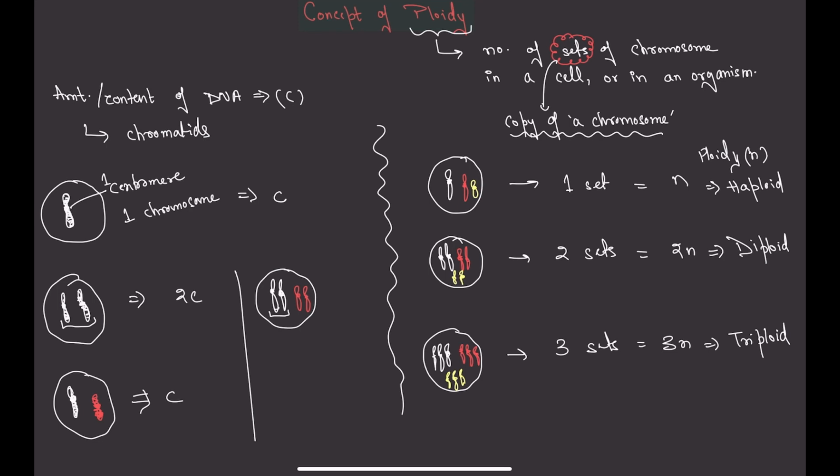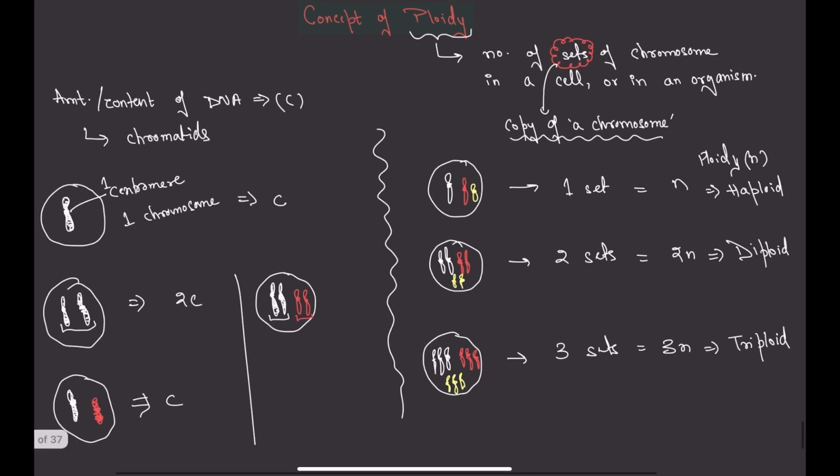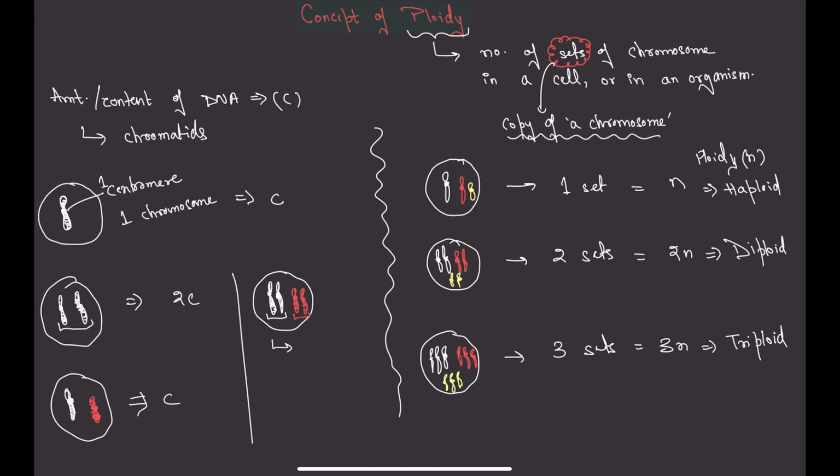So they have 2 chromatids. Now if I focus on the other one, the red one, again they have 1 chromatid and 2 chromatids. So for every chromosome we have 2 copies present and they are carrying 2 chromatids. So the condition becomes 2C.